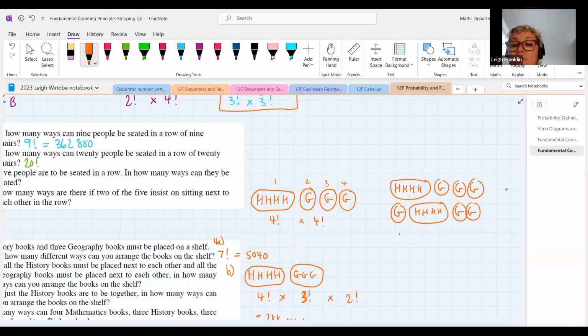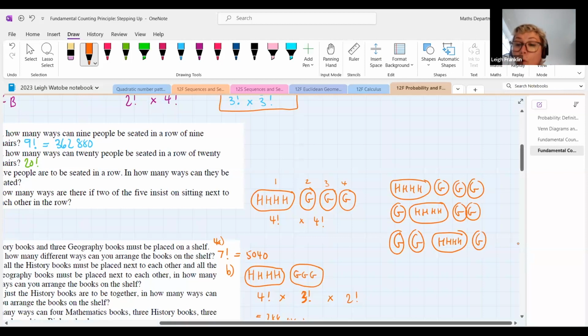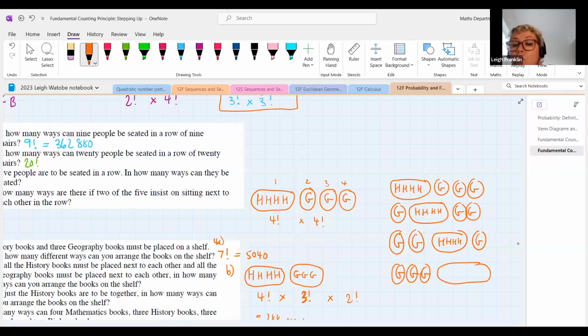So you could have 2 geography books, and then the 4 history books, and 1 geography book at the back. Or we can have the geography books all at the front and the 4 history books at the back. So that's why it has to be 4 factorial by 4 factorial.